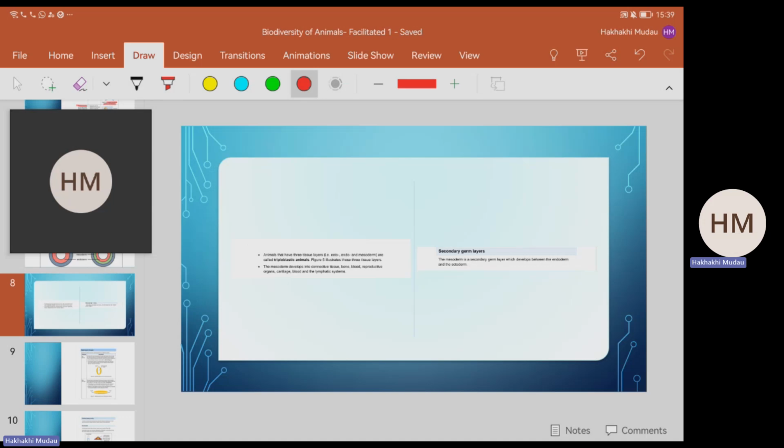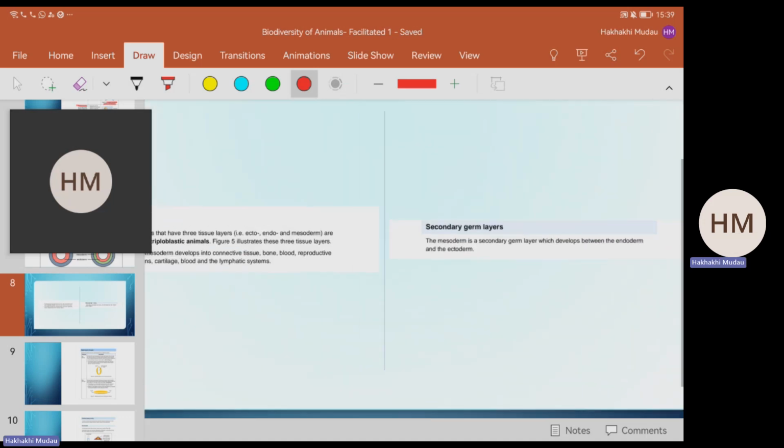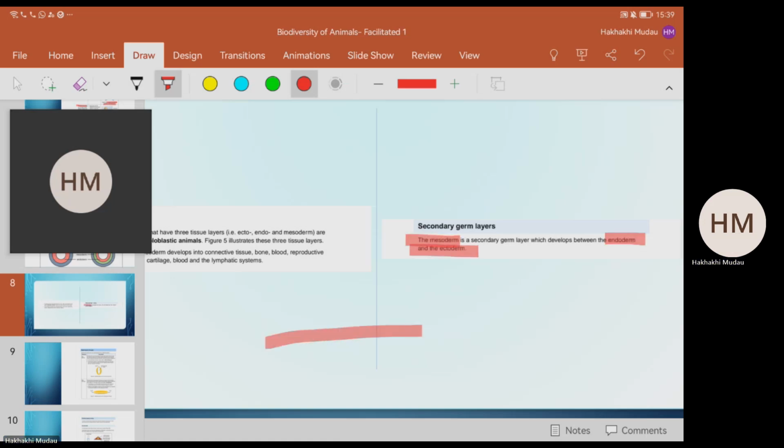A secondary germ layer is a germ layer that develops between the ectoderm and the endoderm, which we refer to as the mesoderm. So the mesoderm forms between what? Between the ectoderm and the endoderm.